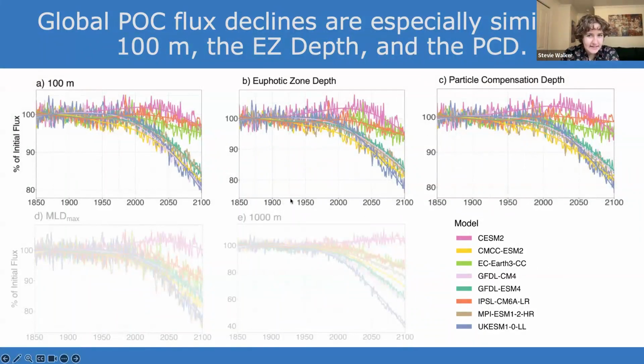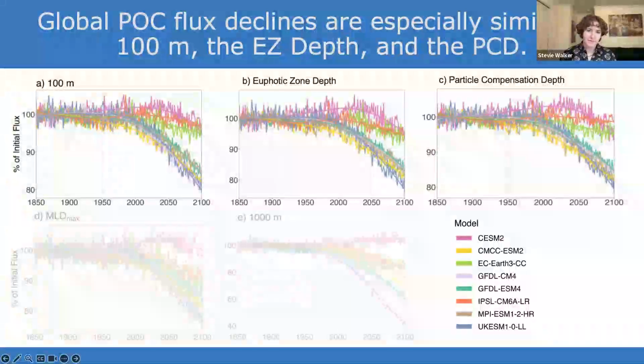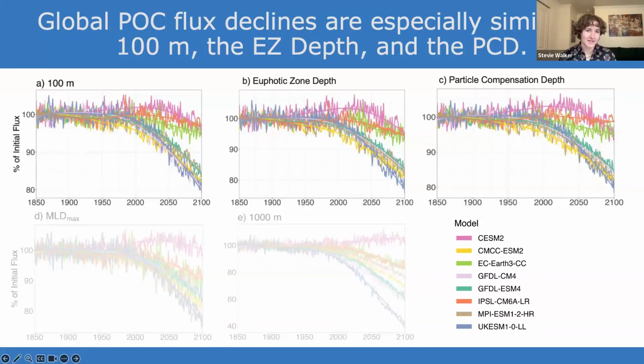And we're expecting to see larger differences since 100 meters is a pretty arbitrary choice of depth horizon, but it turns out that this simplification of 100 meters that we've been making in Earth system models is actually telling us close to the same information as the euphotic depth and the PCD on a global scale. And it's also saving a lot of computational time. So this could indicate that for global analyses, choosing 100 meters is still an adequate choice of export depth horizon in models.